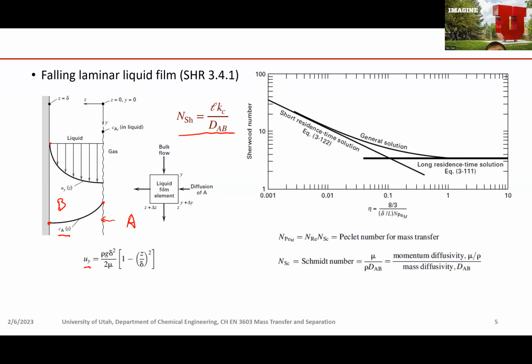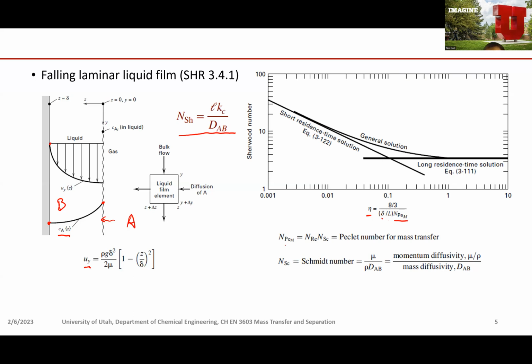So in this problem, the Sherwood number, that's the ratio of the mass transfer coefficient over diffusivity divided by the characteristic length L, is correlated with eta, which is defined by this equation, in which we have the film thickness, the characteristic length scale, and the Peclet number for mass transfer.